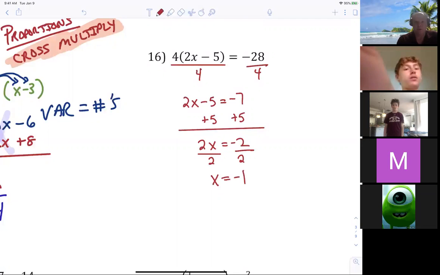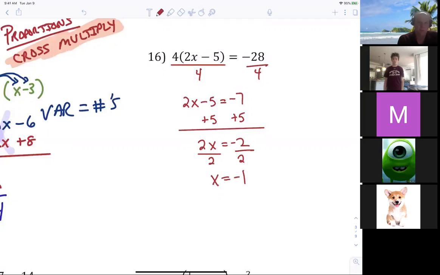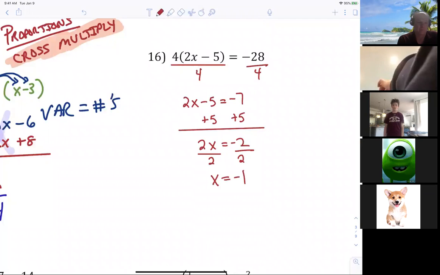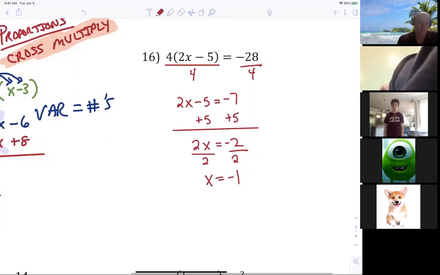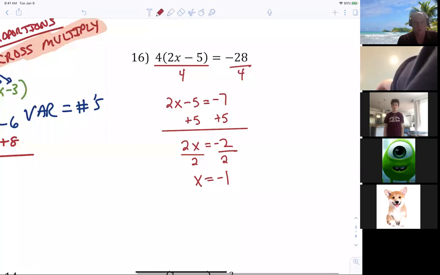Anybody have any questions? Mr. Stroud, yes, ma'am. For that one, how do you know that the 5 is a negative, not a subtraction? Well, you learned something very important. What is that symbol right there? A subtraction sign. Okay, what if I did this?